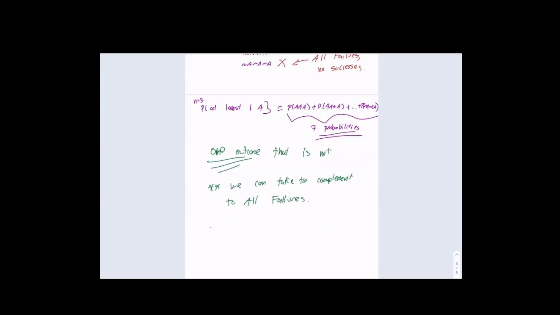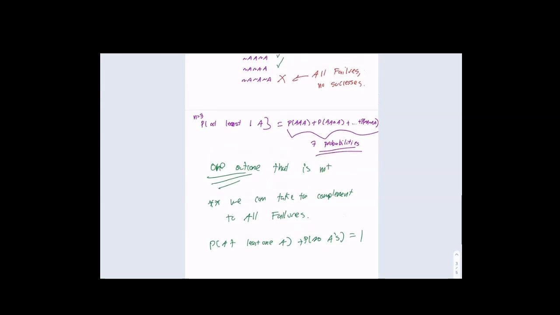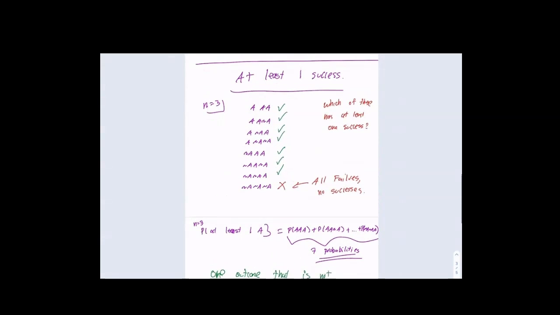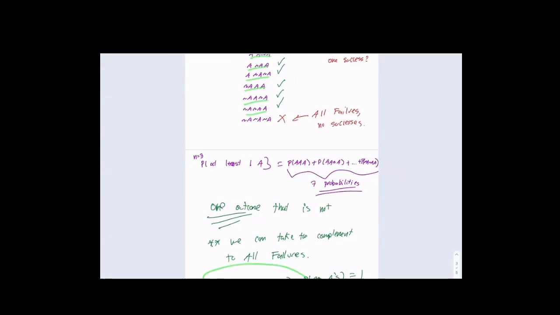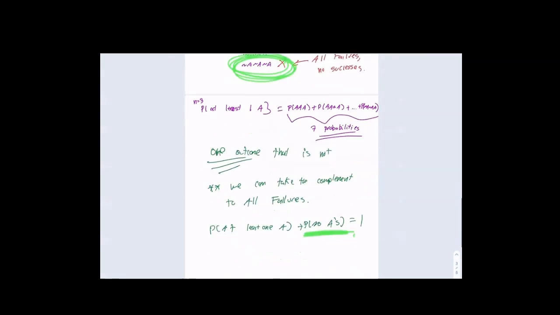Mathematically, what I'm saying here is the probability of at least one plus the probability of none, no A, must equal 1. So those are all of the at least ones, plus the one single instance, gives me 1.